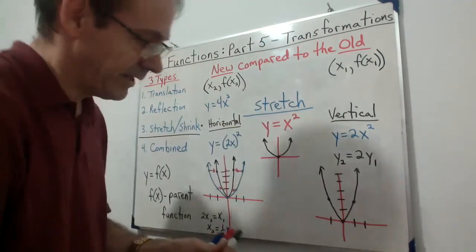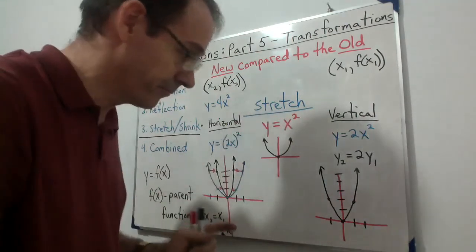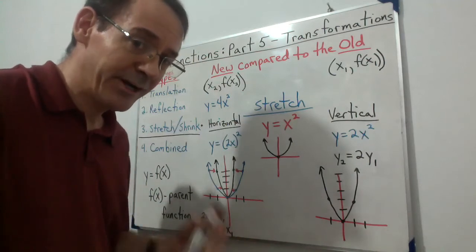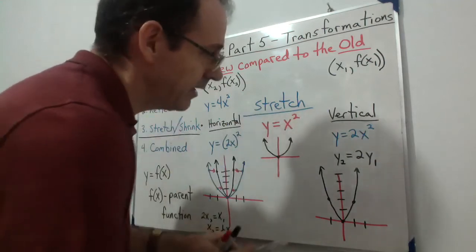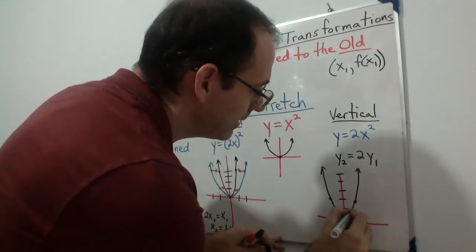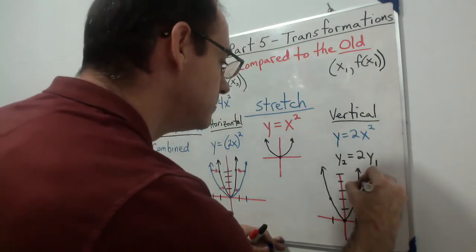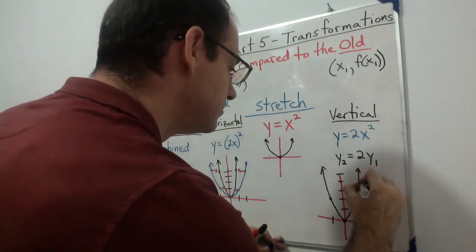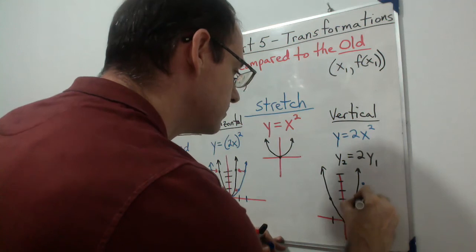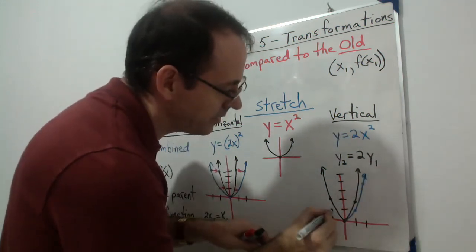Now, again, it almost looks similar. So the only way to really compare it is to put it on top of each other. If we put the original function on it, it would be 1, 1, 2, 4, and this way.